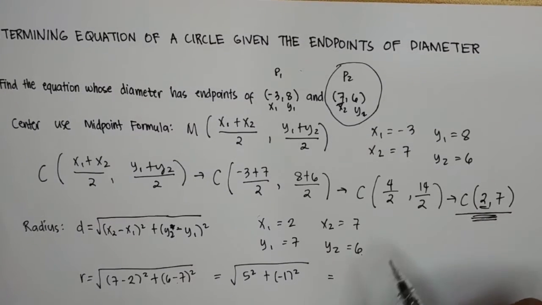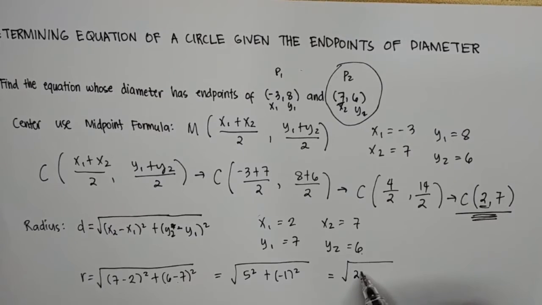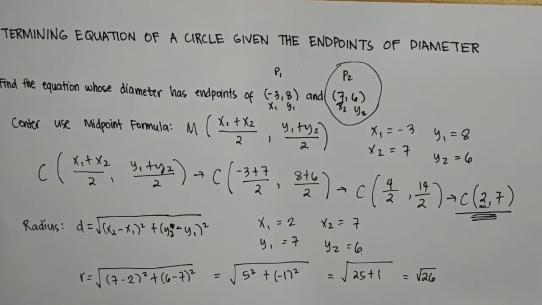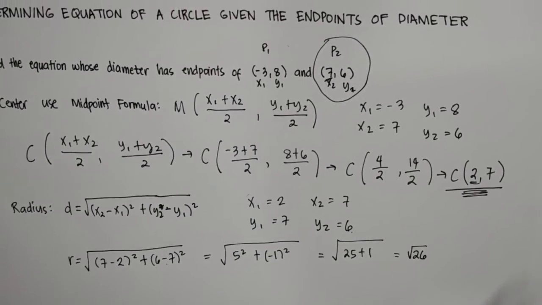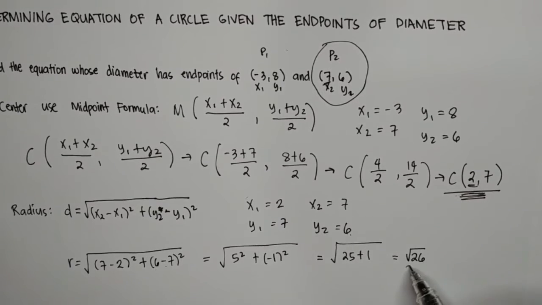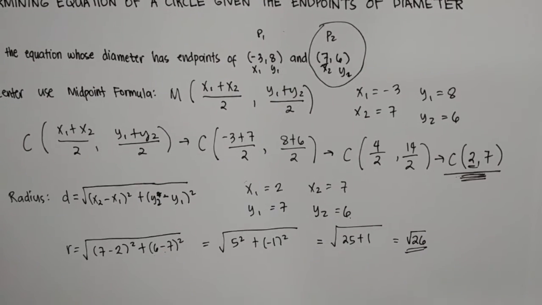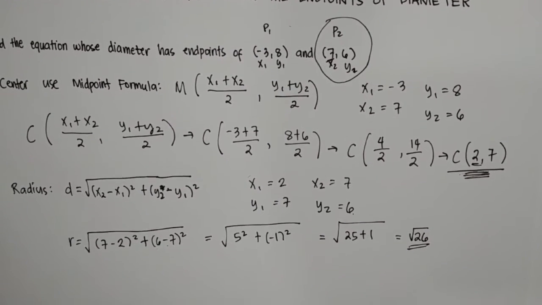So we have here now 25 plus 1, so this is the square root of 26. So ito yung radius natin. Okay, with our given center and radius, let's write now our standard form of the equation.